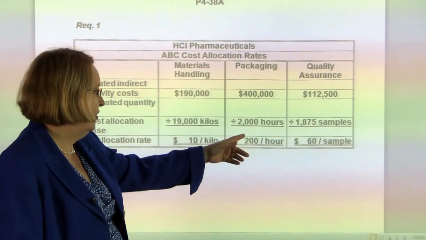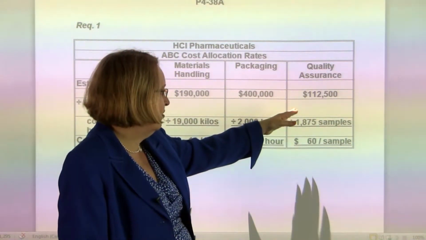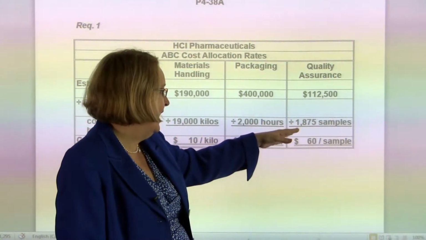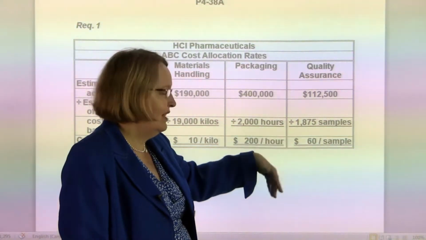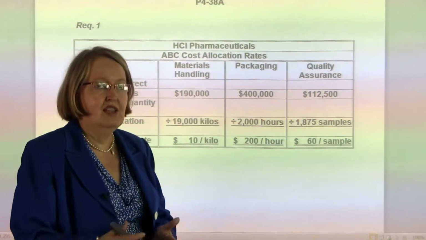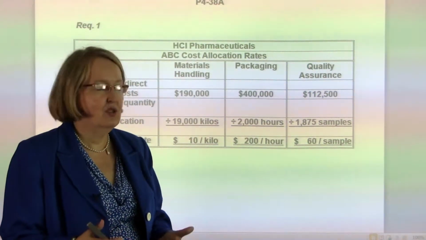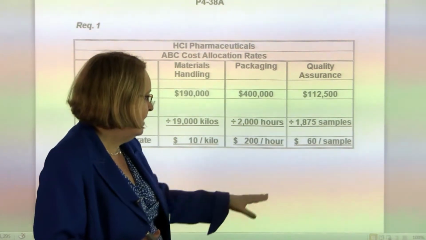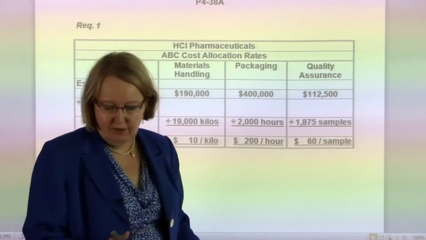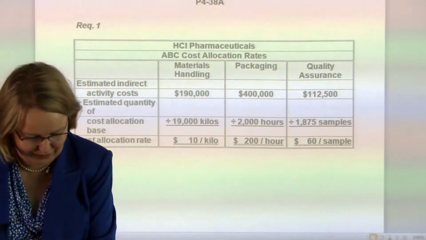Finally, quality assurance is costing 112,500, and that cost is driven by the number of samples that you're going to take and test. So you don't test everything, you just take a sample of the products to test to make sure they meet the quality criteria. So that's costing $60 per sample. So that's requirement 1, relatively straightforward.